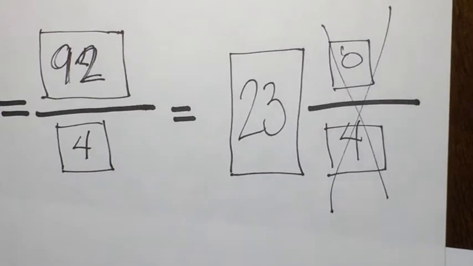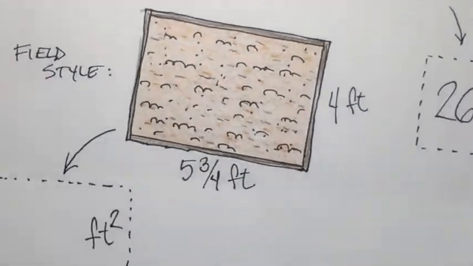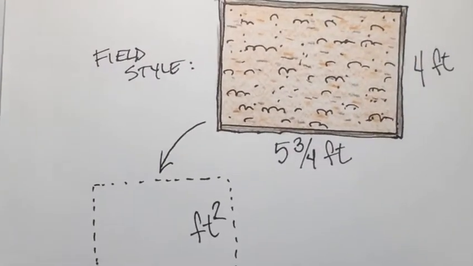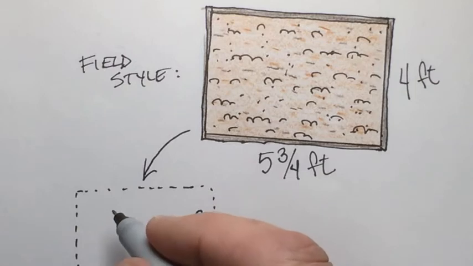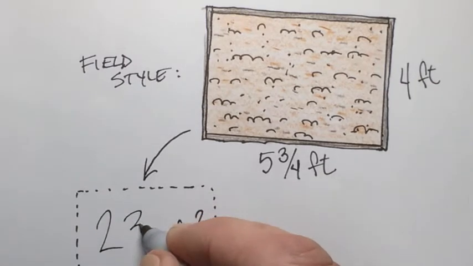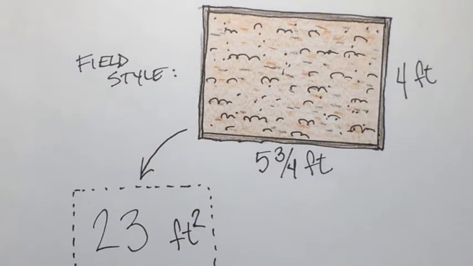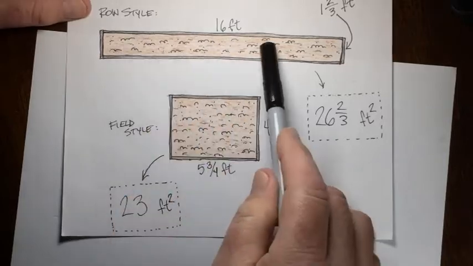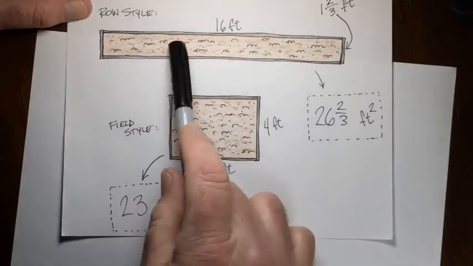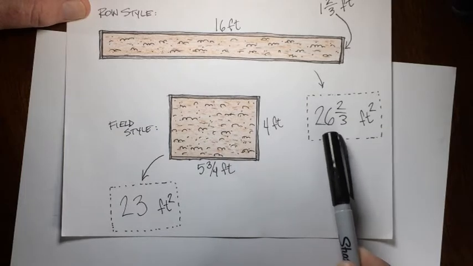So we know that we can fill in this box here. For the field style, this times this was 23 feet squared. Okay, so we do know something so far. We do know that the row style is a better choice because you can get to your growing things easier, and it offers you some more square feet.